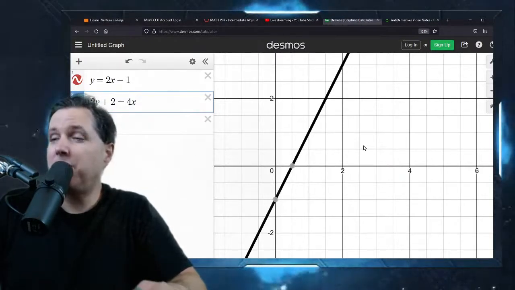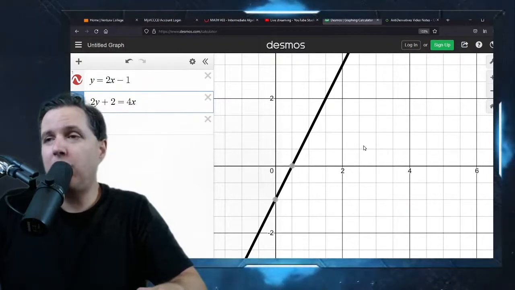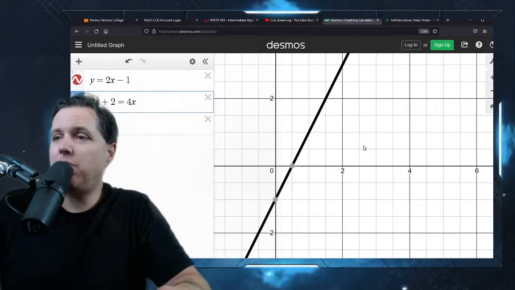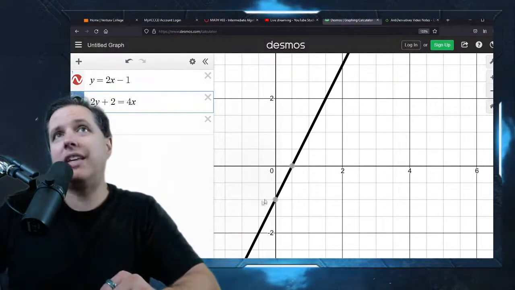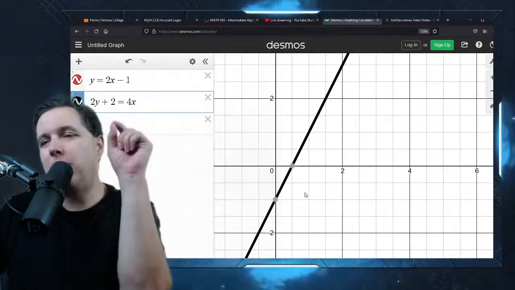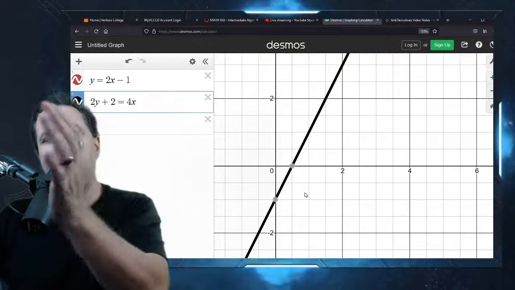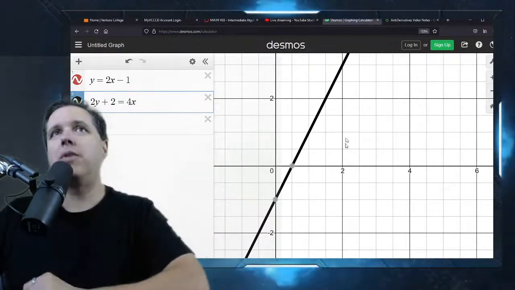Well, it could be that there's something in your business that affects both of those. And so when you come up with your equations, you accidentally go, oh, I just got the same equation both times. You've created a dependent system, and it's going to look like this. A lot of times they look a little bit more complicated than this, like I say, when we get into more equations and more variables, but we're starting off real simple so that you can just understand the basics and then go from there.